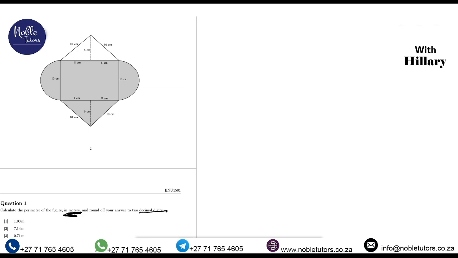So you can see now from here that we have a triangle, which is the first one. Secondly, we have 2 half circles, which make a full circle. Then we have a rectangle.